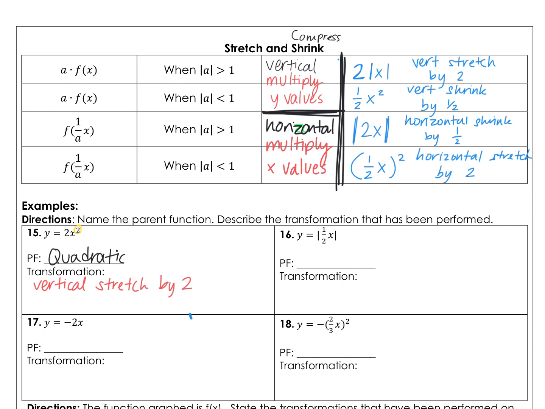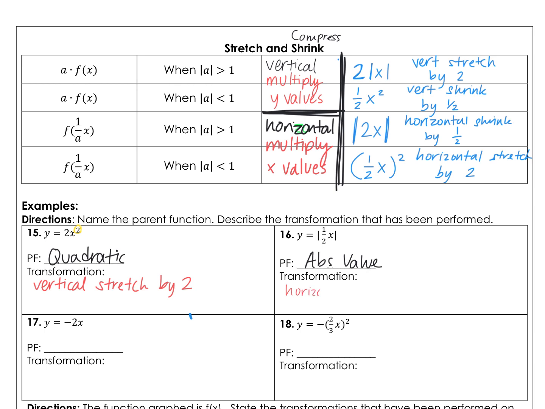All right, look at number 16. You probably know what the bars mean. Absolute value. Yes. All right. And you see it's inside. So when it's inside the expression, it is vertical or horizontal. It's horizontal.